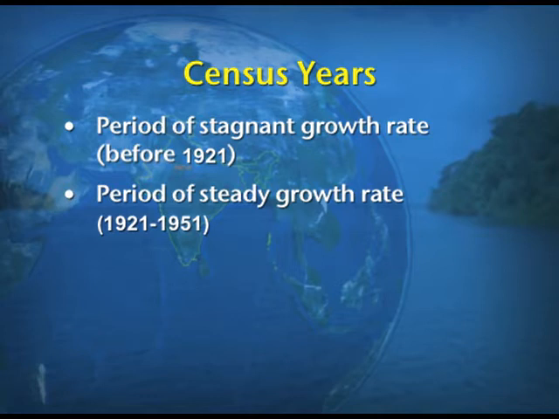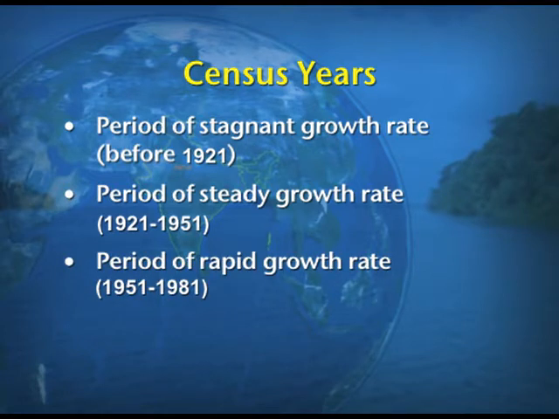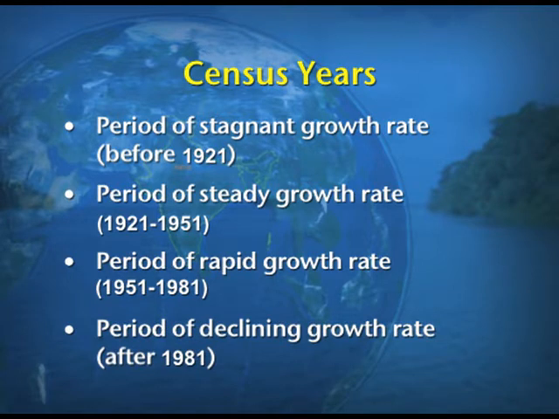The third is the period of rapid growth rate from 1951 to 81, and the period of declining growth rate, that is after 1981. All these 4 stages of the growth rate we will be discussing separately.